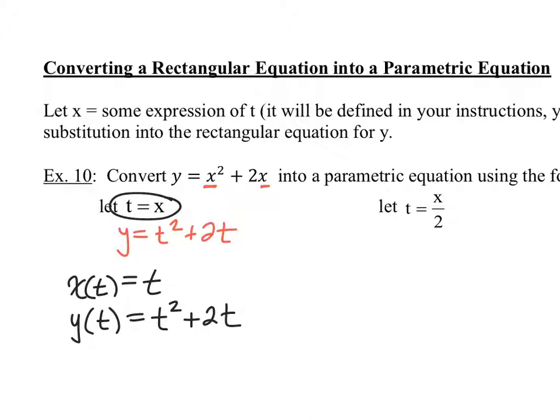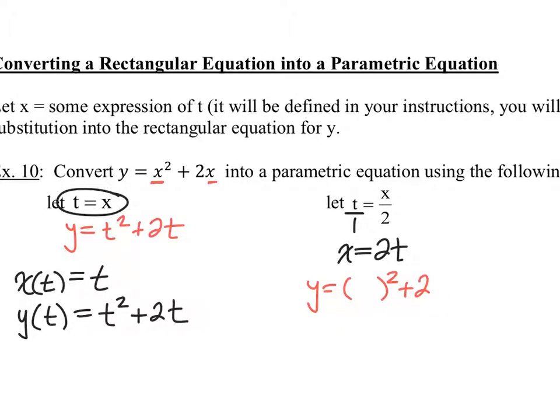All right. In the second case, if I cross multiply, I get x equals 2t. And then I can pop that in. Y equals 2t squared plus 2 times 2t. And again, just take note of whether a question asks you to simplify or not.